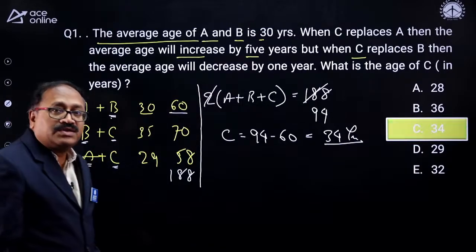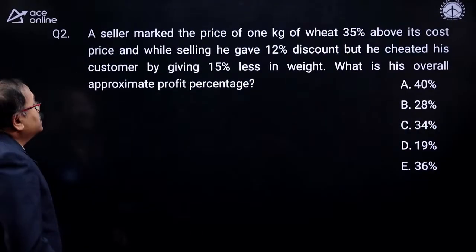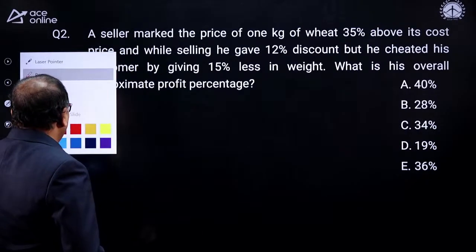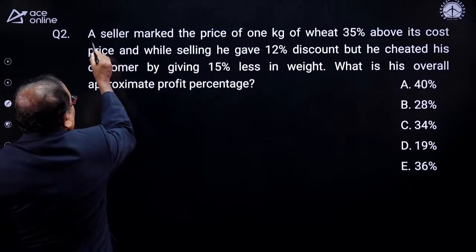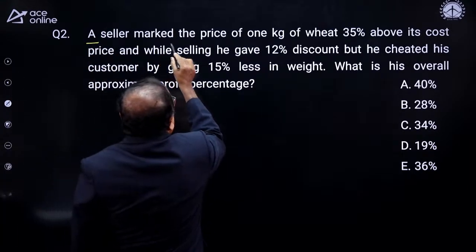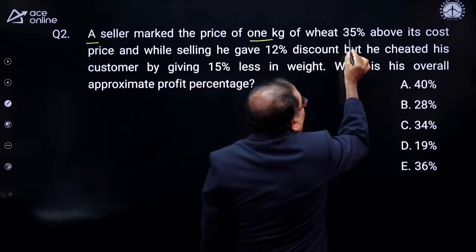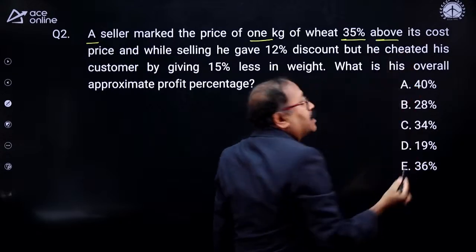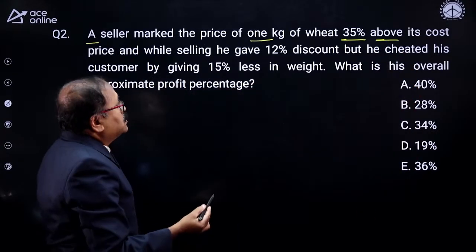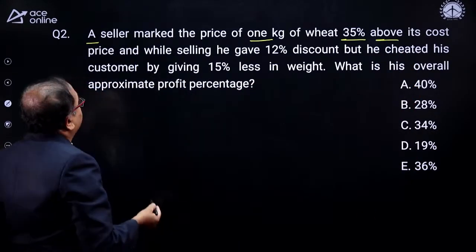Moving to the next question, my friends, is here. A seller marks the price of 1 kg of wheat 35% above its cost price. The markup is 35%.